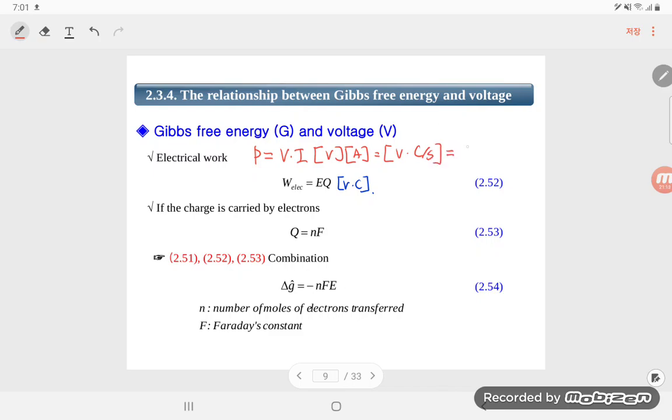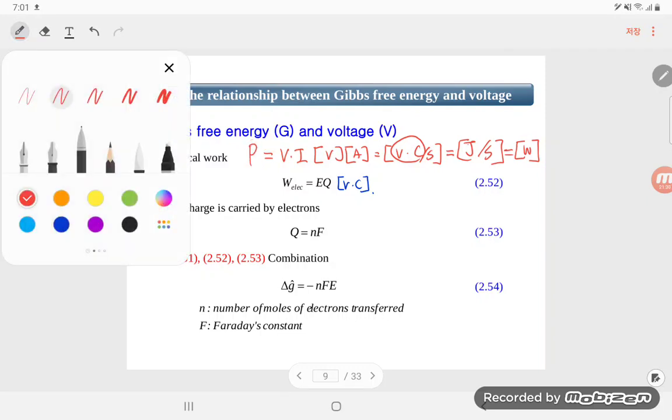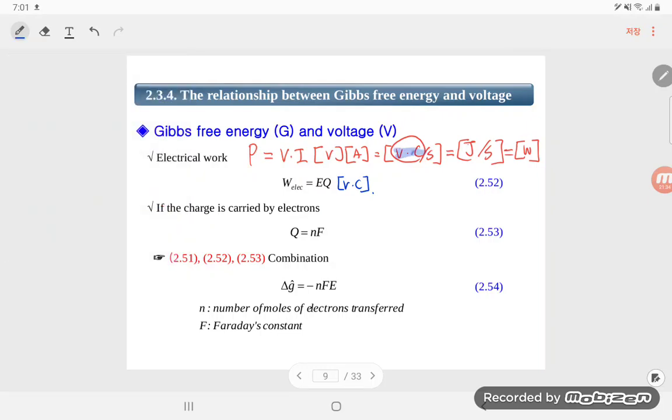And the power, V times C per second, is joule per second. That's why we use the watt unit for expressing the power, right? So remember that VC is joule, that is work.